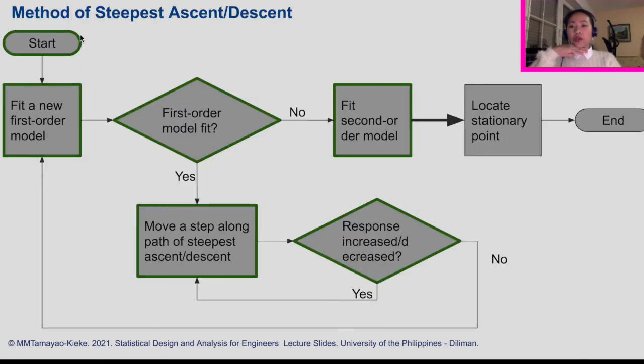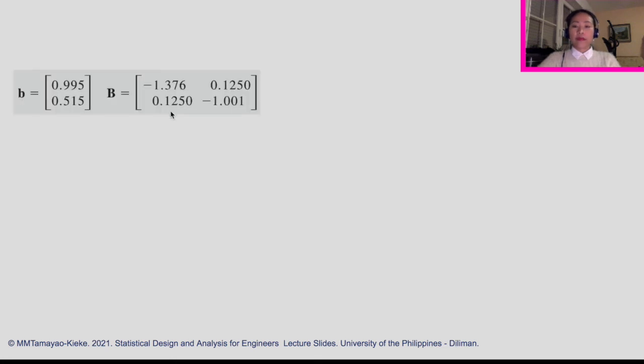Now, going back to our algorithm, we have fitted a second order model. The next step is to locate the stationary point. To do that, again, we can perform the calculations using matrix mathematics.